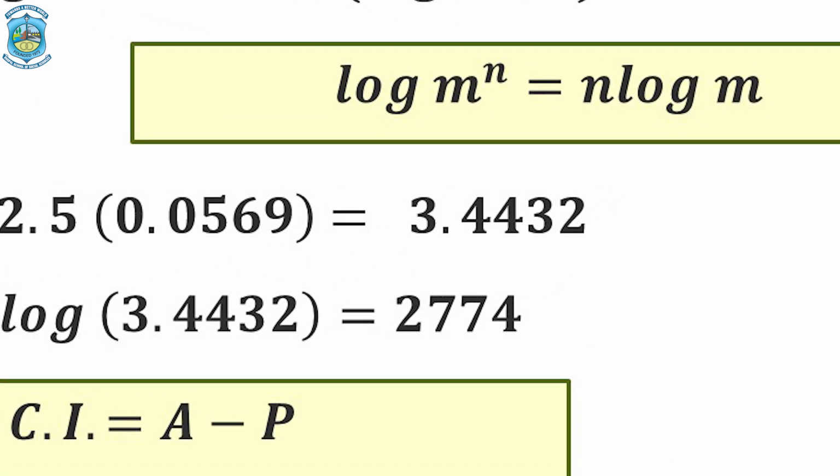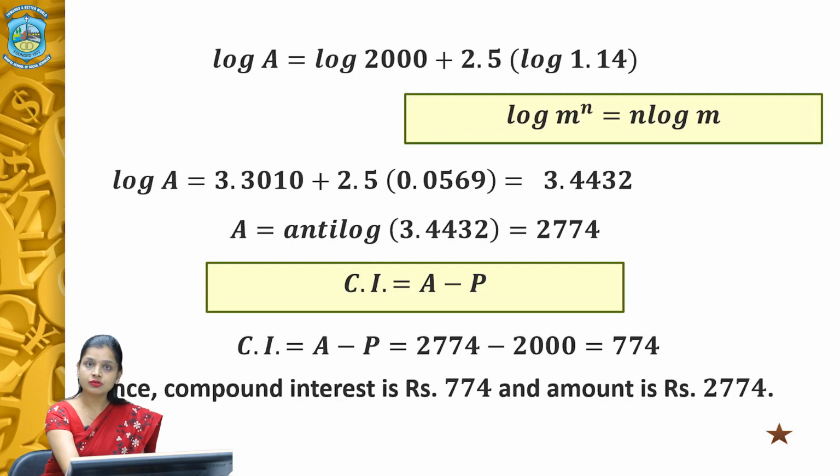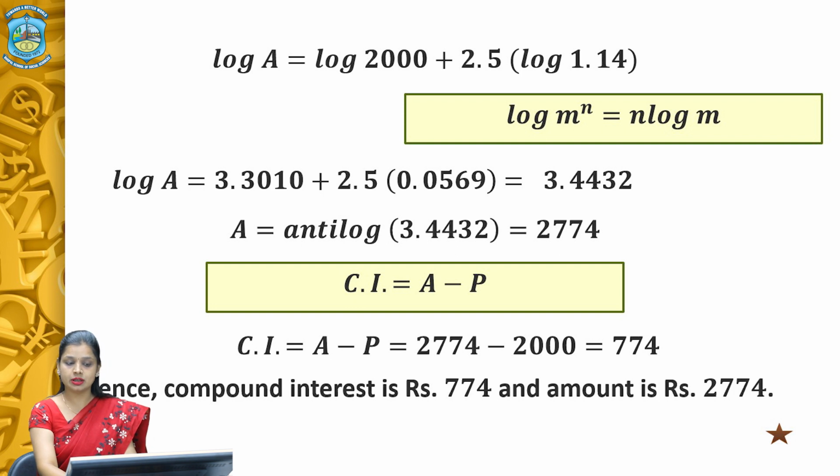We get the value of log A as 3.4432, but we have to find the value of A, and the value of A is the anti-log of this quantity 3.4432. You may find the value of anti-log by using the log table, and the anti-log of this value is 2774. So, the amount is 2774.